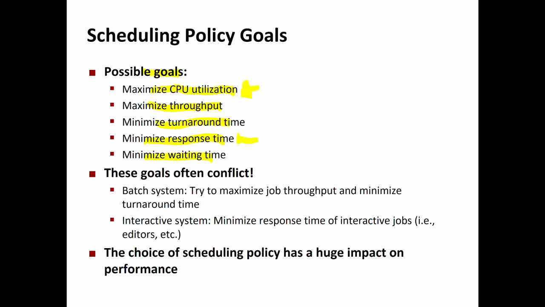For example, in a batch system you want to maximize job throughput and minimize turnaround time. In an interactive system, you want to minimize the response time of interactive jobs. So these goals conflict. That's why we say this is a policy, meaning there is no one solution that will make everybody happy. As a matter of fact, the choice of scheduling policy has a huge impact on the performance that the user observes.